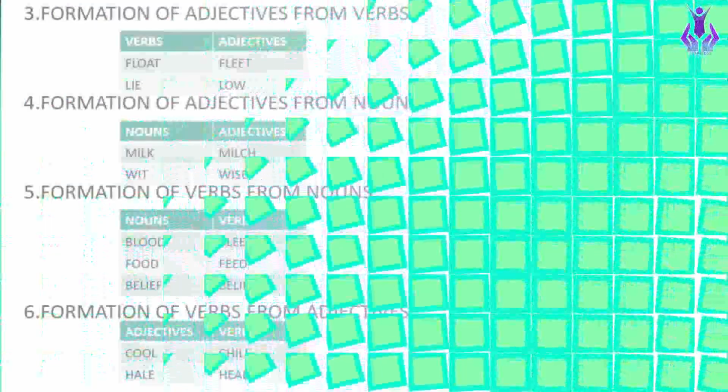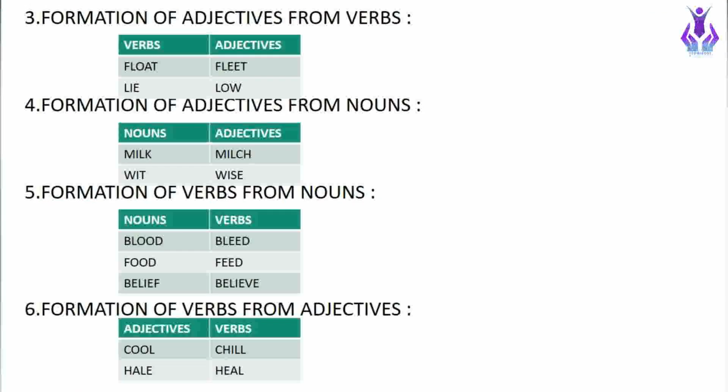Next is formation of adjectives from verbs. We can form certain adjectives from verbs, like when we say float, fleet. The next is lie, and from lie we made the word low. We can also form adjectives from nouns, like the noun milk.